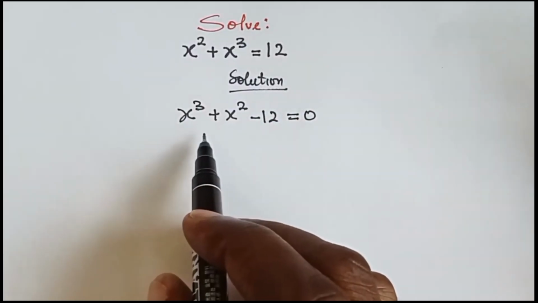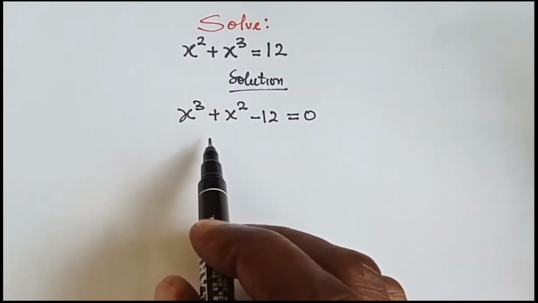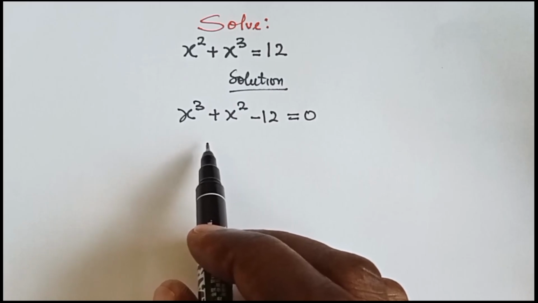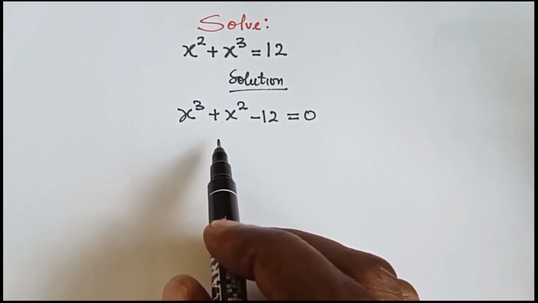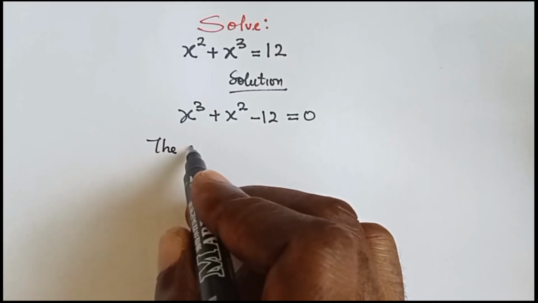So this is a cubic equation, and then we have to find the rational root using the rational root theorem.